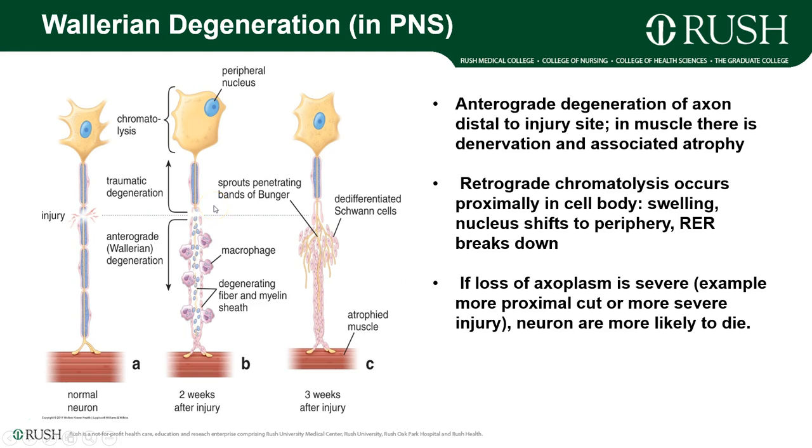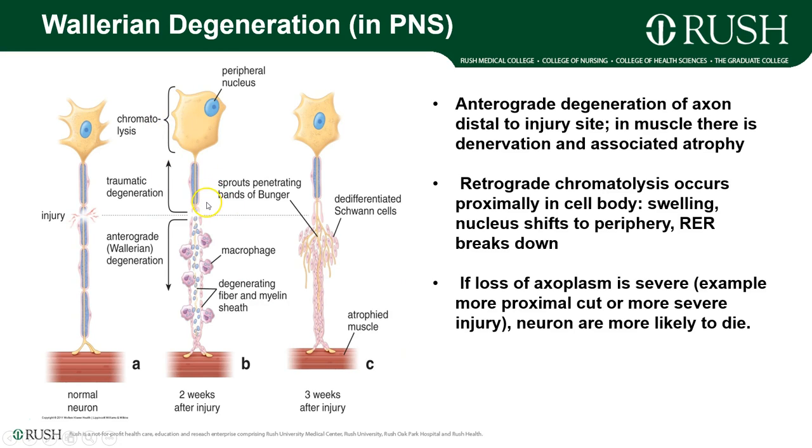The anterograde events are the degeneration of the axon from the site of injury all the way to where the nerve is innervating the tissue. In this case, there is a muscle innervation, and if you look at this picture here, the muscle is atrophying. It's becoming weaker and smaller in size.